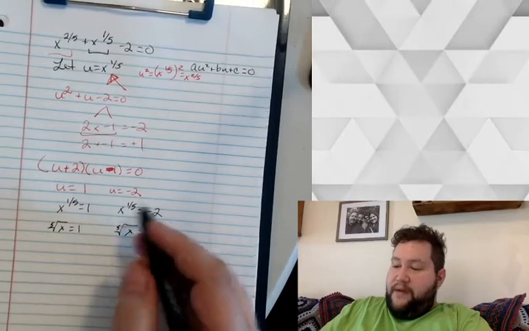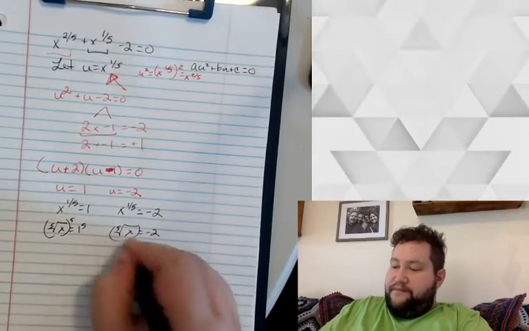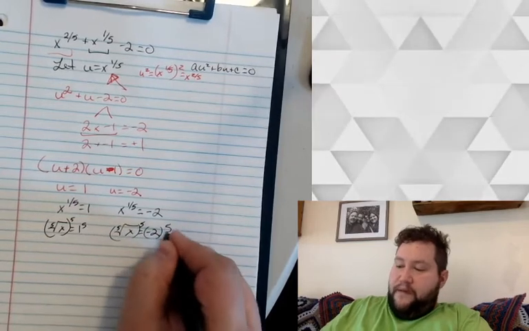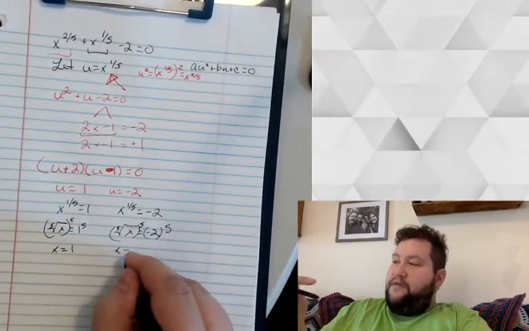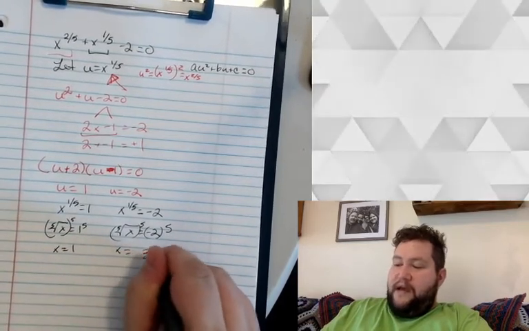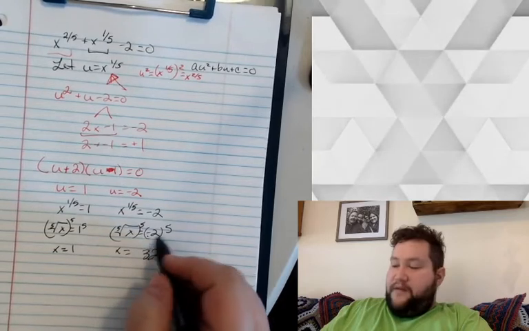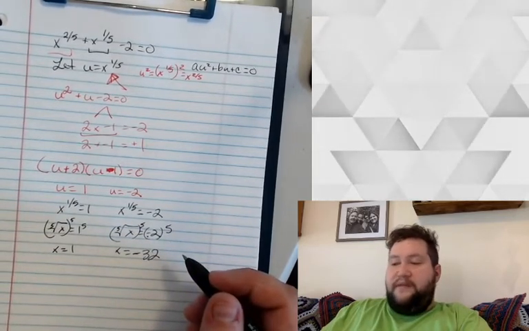So to undo that, we raise both sides to the 5th power. If x equals 1, or x equals 2, 4, 8, 16, 32, and negative 1 times itself an odd number of times is negative. So x equals 1, or x equals negative 32.